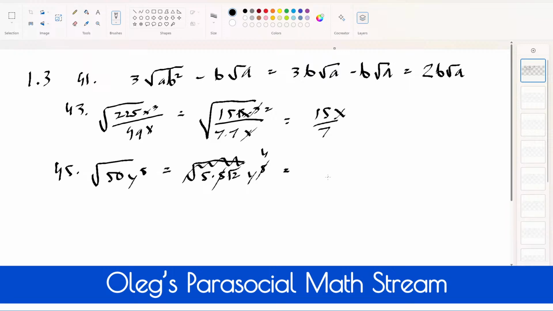So then we have 5 root 2, and then y to the 4th power, or we can put the y last. There we go, y to the 4th power. Let me just do that a little better. Okay, 5 y to the 4th power, and one of the 2's was left behind, so that's how we get the root 2. All right, that's 45.